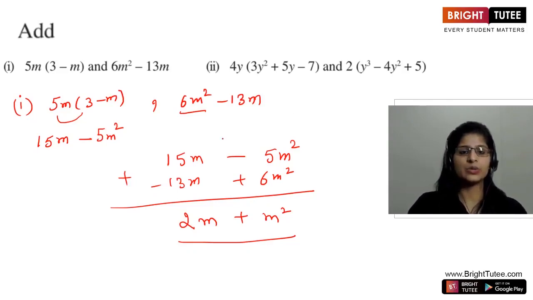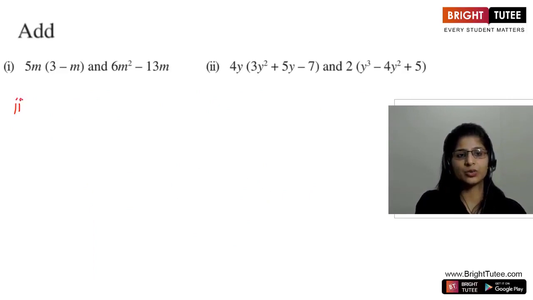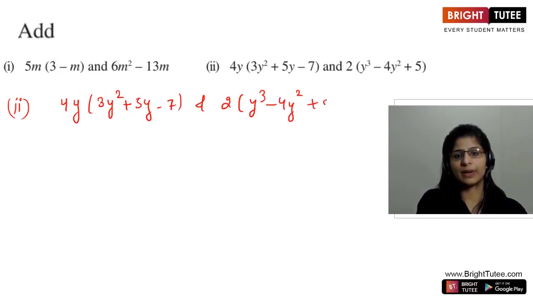Right, let us do the second part. In the second part, students, if you see, we are given 4y into (3y square plus 5y minus 7) and 2 into (y cube minus 4y square plus 5). So first of all, we will simplify them.